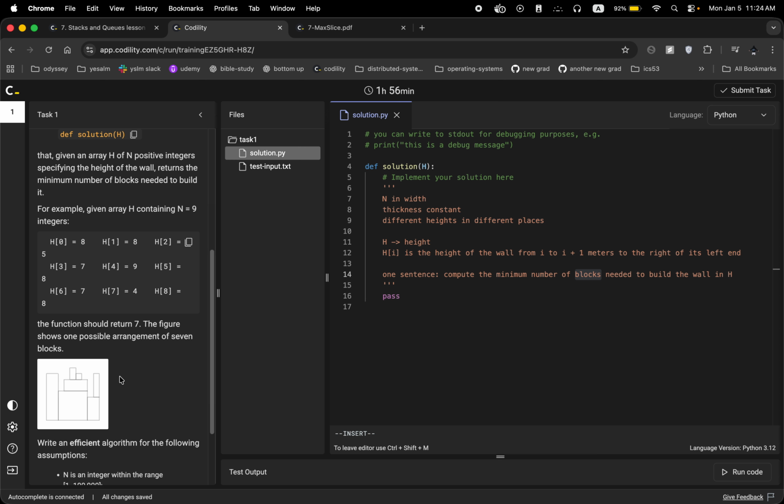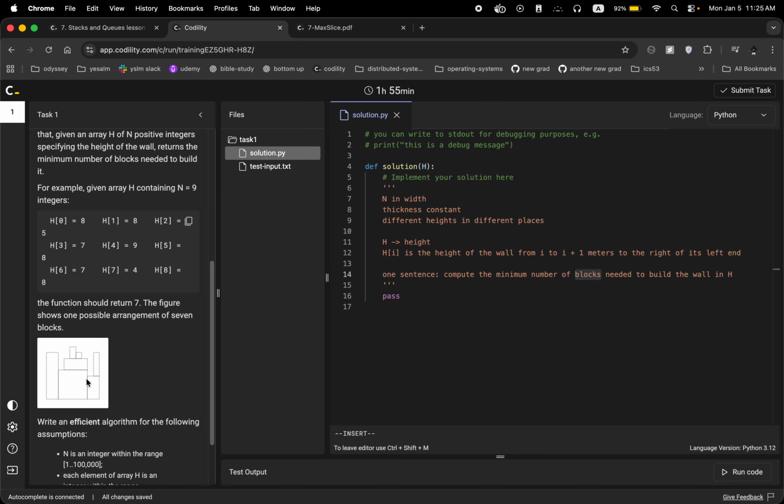Wait, I thought... height 2 is 5. Five, 7.